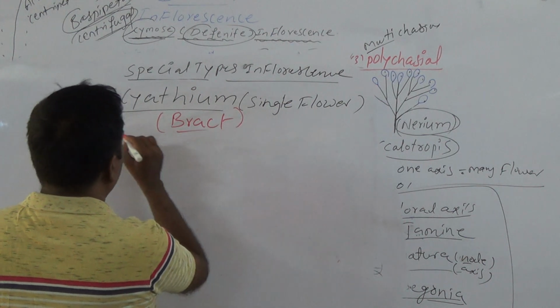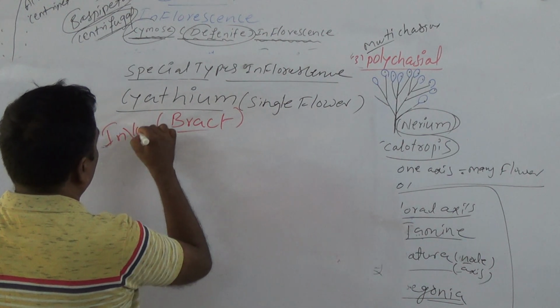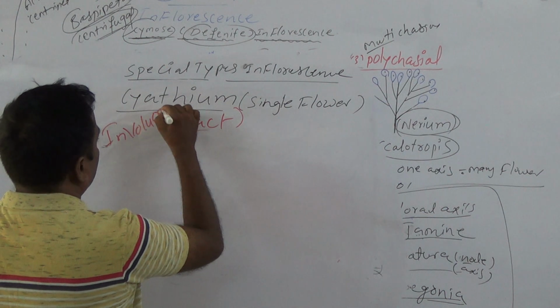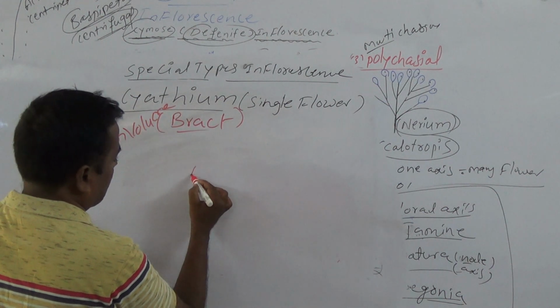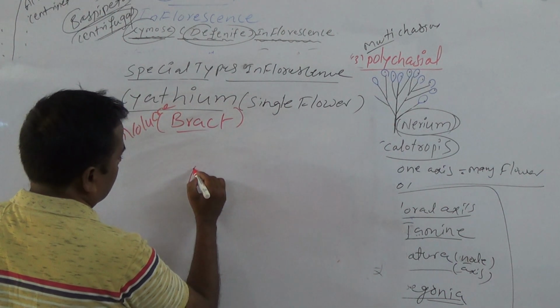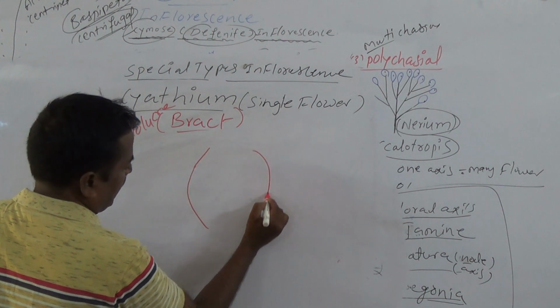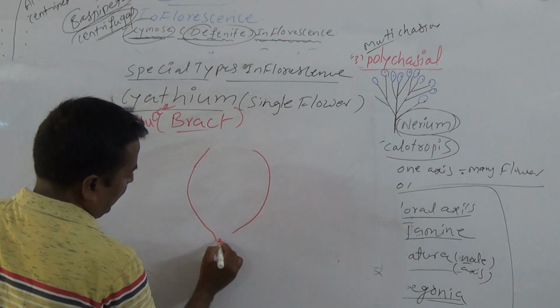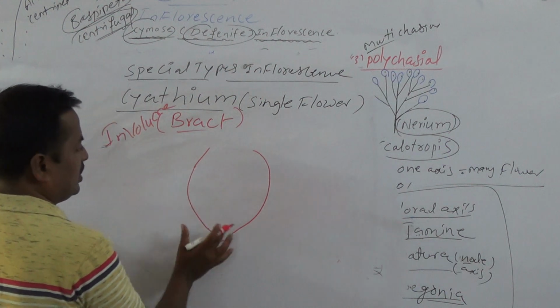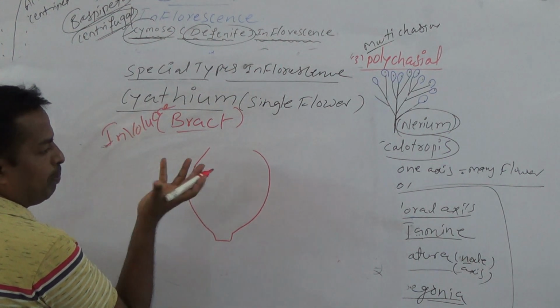the involucre bract is modified into a cup-like structure. This is the bract, so it appears like a cup.